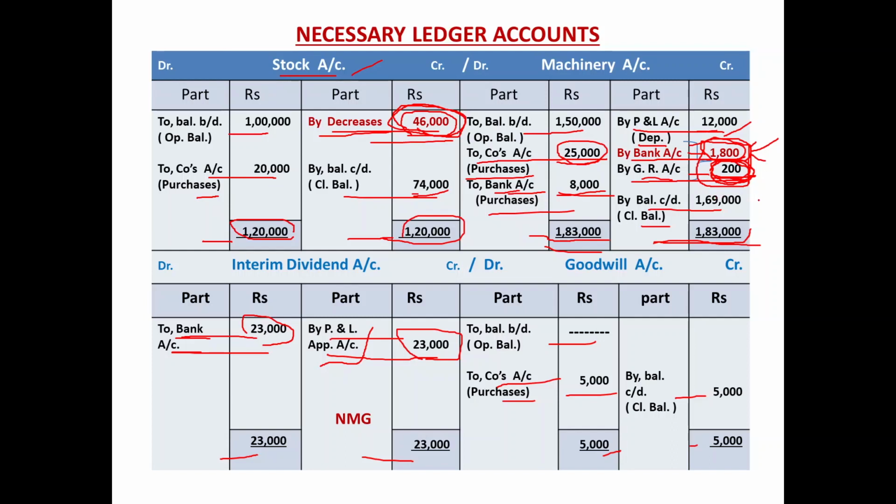Let us report the cash flow statement impact from the machinery account and GR account. Opening balance, closing balance. Purchases from another company do not affect the cash flow statement.